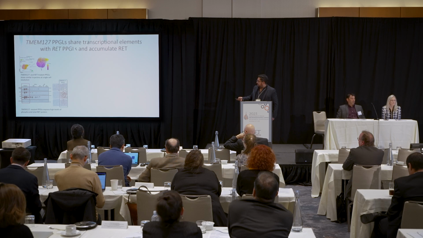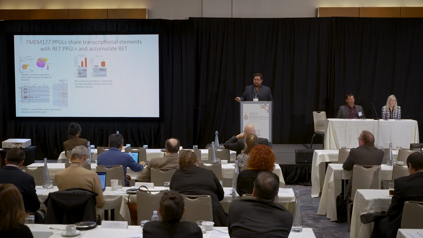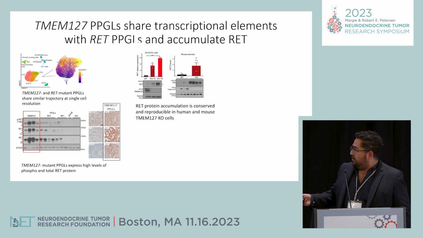And this was also shown by staining in IHC, where TMEM mutant PPGLs had high levels of RET. We expanded these findings into a cell line where we showed that TMEM loss reproduced the RET accumulation in cell lines, and this was conserved in mice, where TMEM loss also resulted in high RET levels.